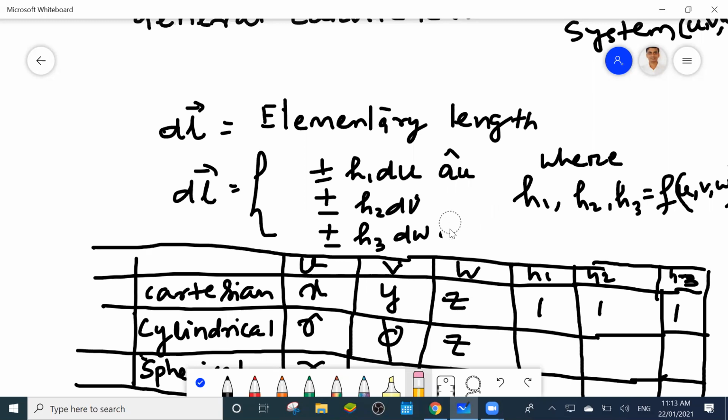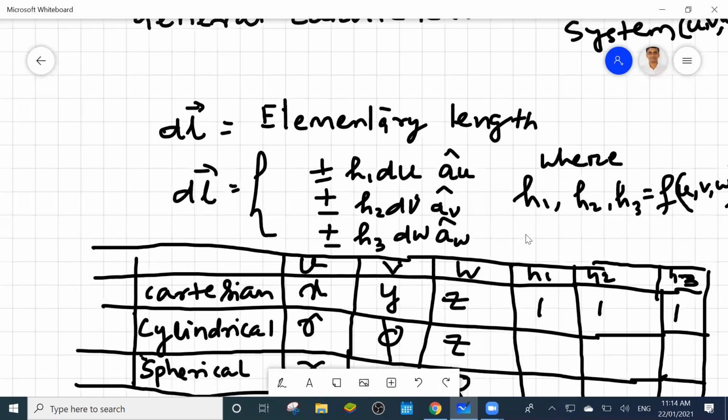Sometimes you can notice that these are actually cap, unit vectors. This one is a unit vector, so you can write a_v cap, a_w cap, because a vector can be written in terms of unit vectors. This is only the unit vector notation that you can write as per your notation, but you have to understand properly.